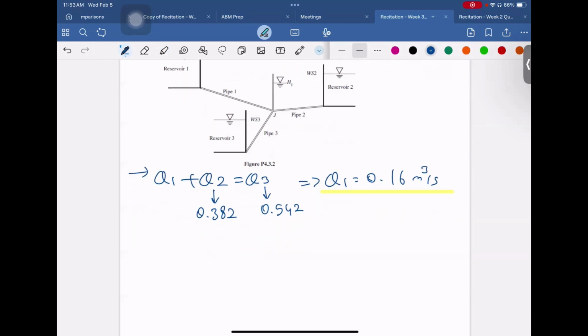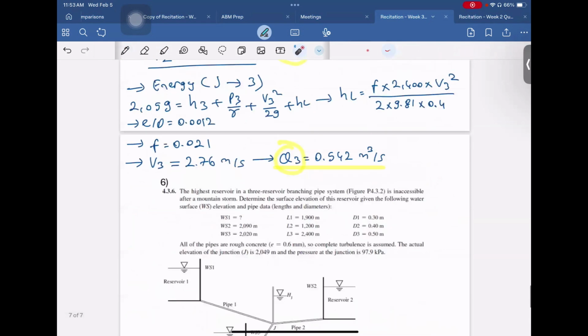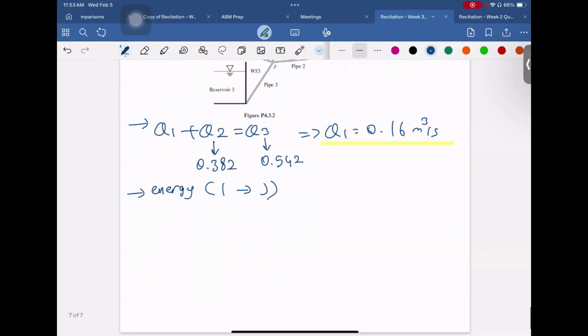And finally, we can write the energy equation between 1 and J. Again, we are going from 1 to J because the water surface is highest here, and we have a lower elevation here, so the water will be moving from 1 to J. So on the right-hand side, we have terms for J, and on the left-hand side, we will have terms for point 1.